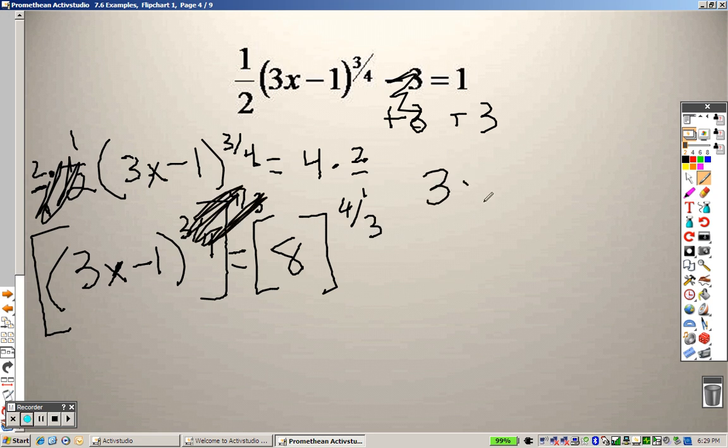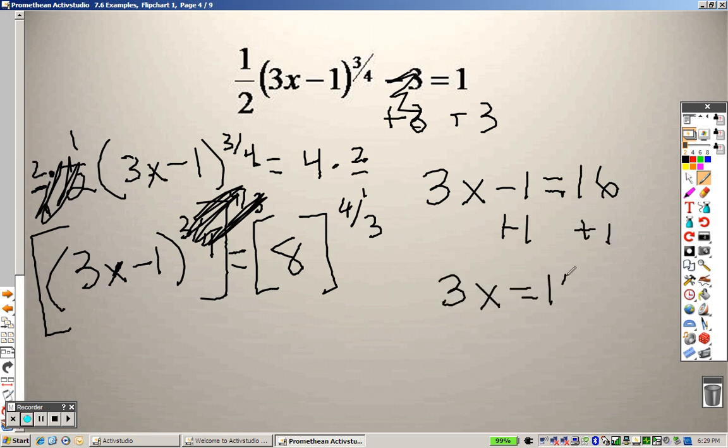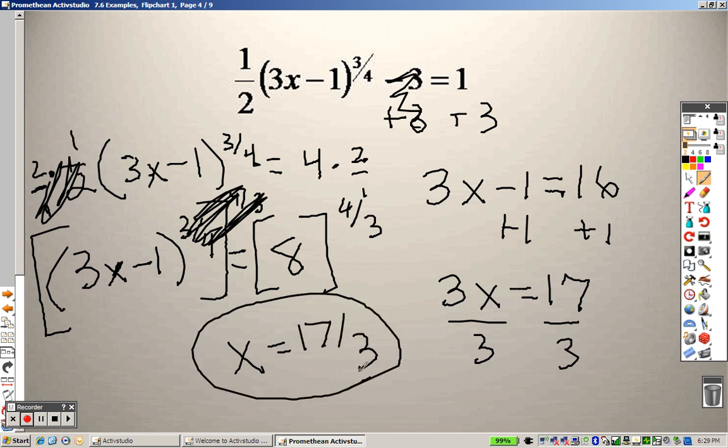Really, I have 3x minus 1 equals 16. Add 1 to both sides, so you get 3x equals 17. Divide both sides by 3, and you get x equals 17/3 as your answer.